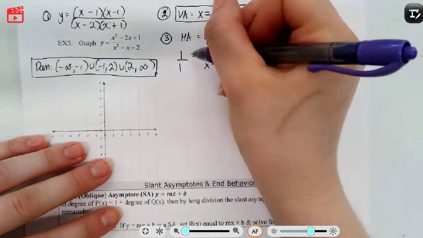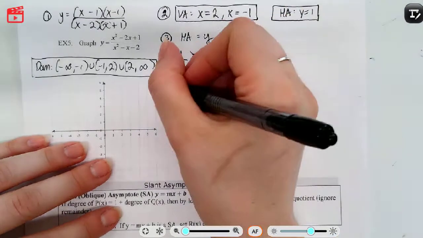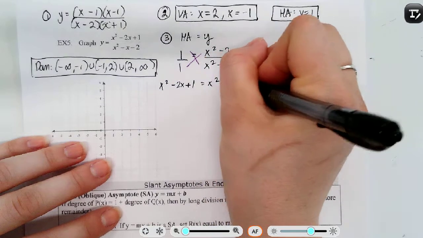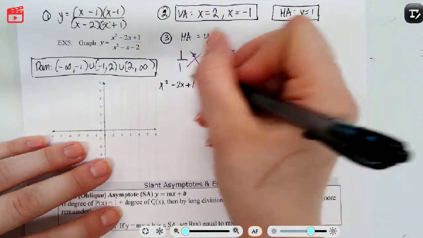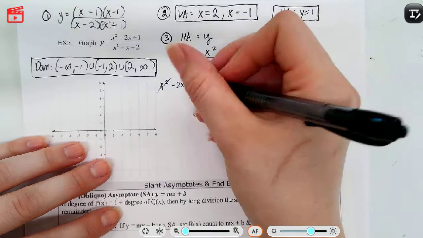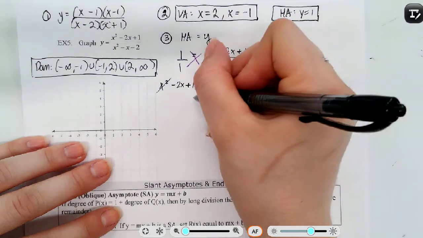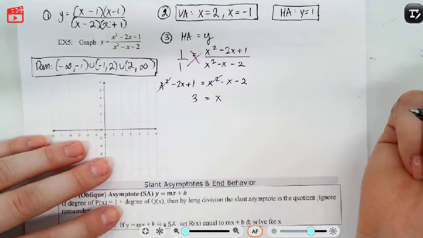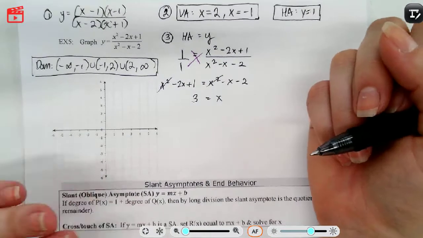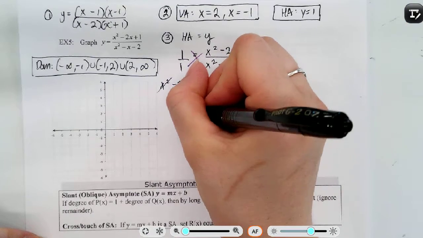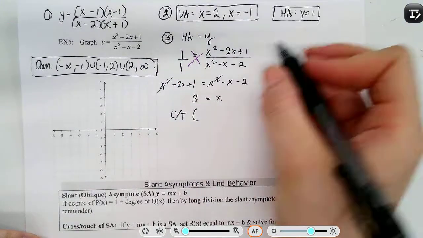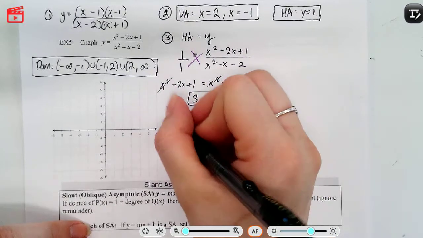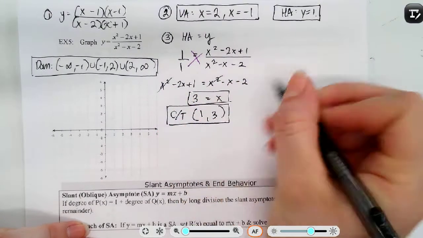Cross multiplying, the x squareds cancel out. Adding the 2 to both sides, that's going to be 3. So x equals 3. So we have a cross-touch point. The y value was 1, and the x value we just found was 3. So we have a cross-touch point at (3, 1).